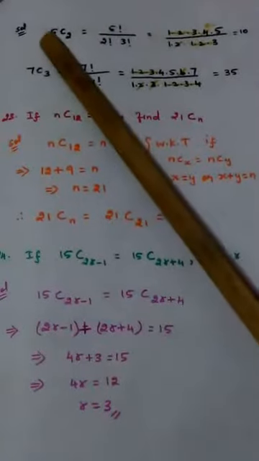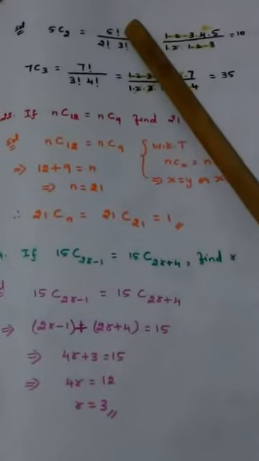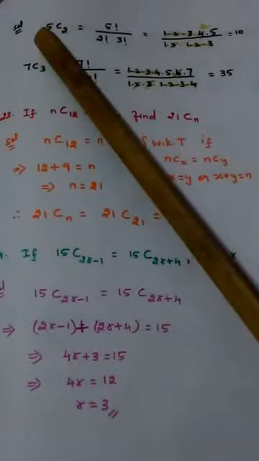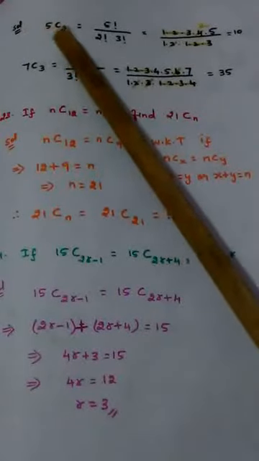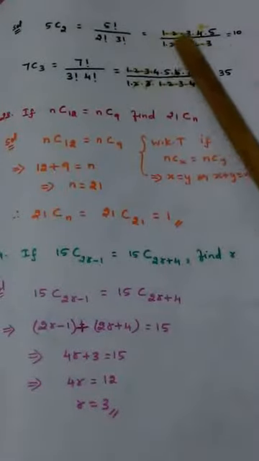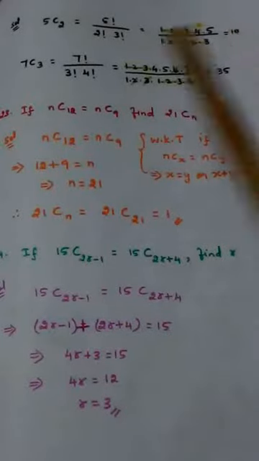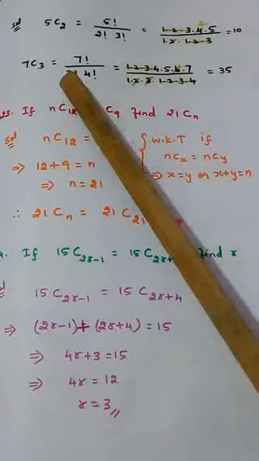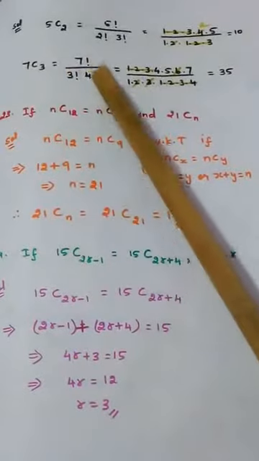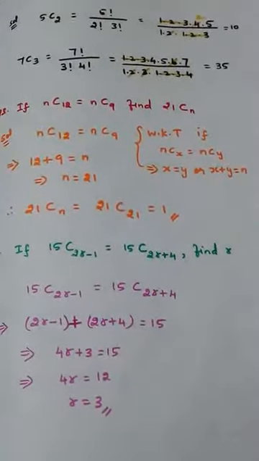Now if you see 5C2, you just try to understand the formula. You apply the formula: 5 factorial, 2 factorial, then subtract these two, 5 minus 2, 3 factorial. Simplify, you know very well, just try by yourself. The answer is 10. 7C3: 7 factorial, 3 factorial, 7 minus 3, 4 factorial. Simplify and get the answer as 35.